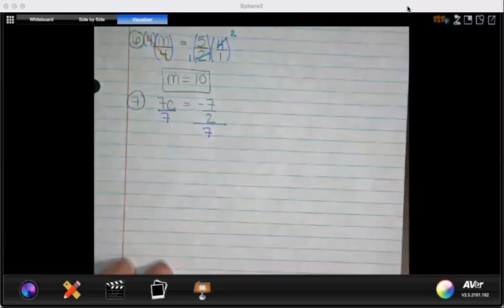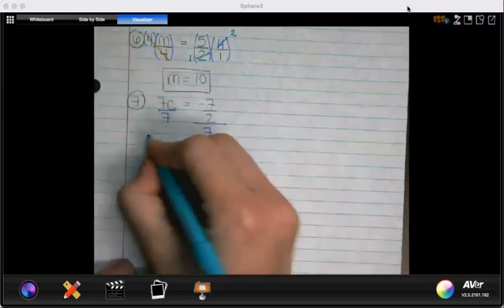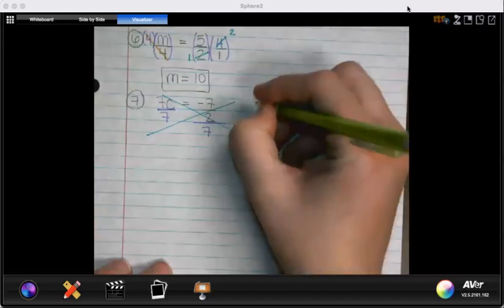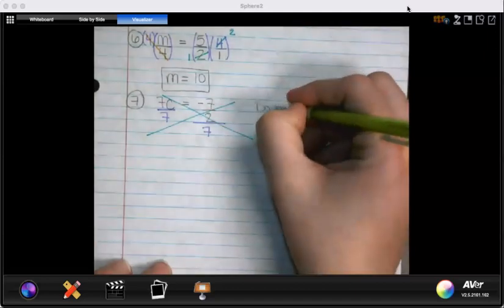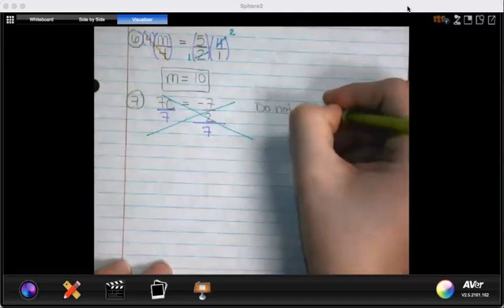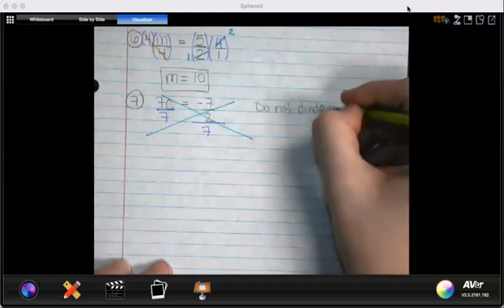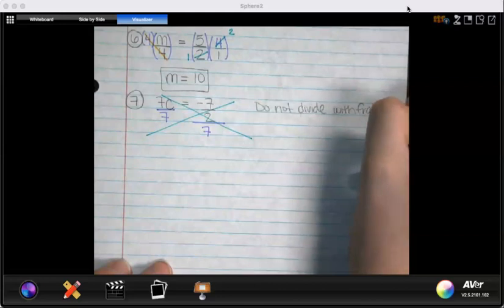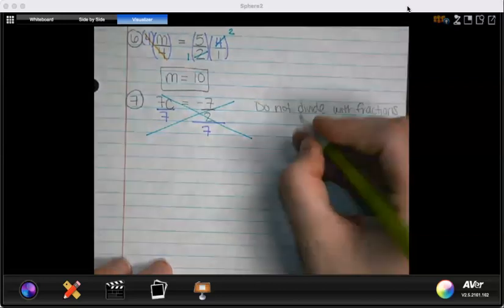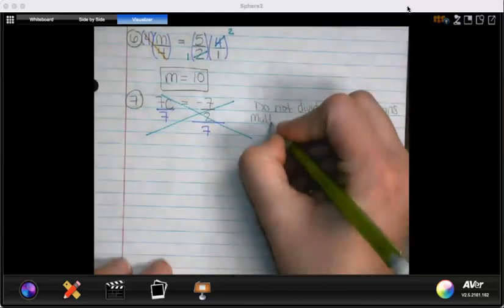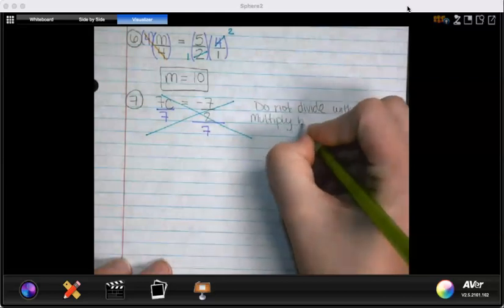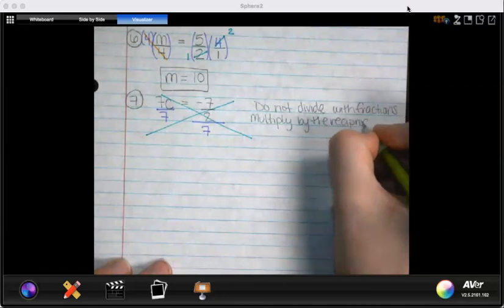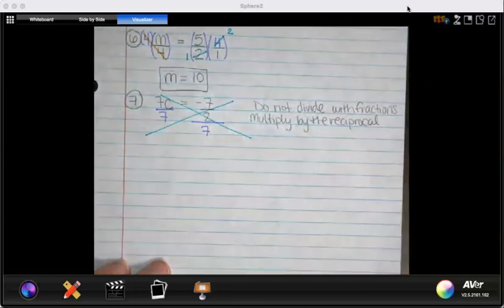And this would never be a situation that we want, right? So therefore, we do not divide with fractions, much like we had learned before. So in this case specifically, we would multiply by the reciprocal instead.